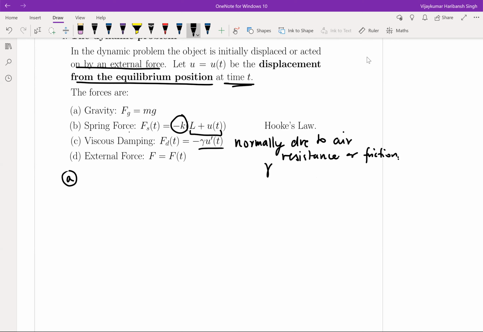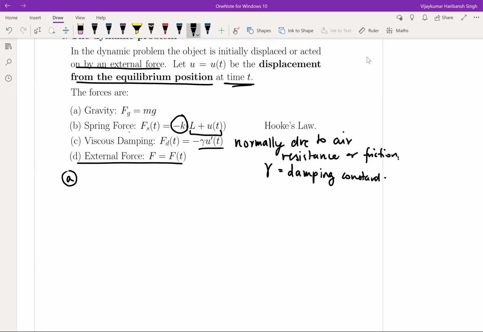Here lambda is called the damping constant. And then there could be an external force. Think about it. There could be a force which acts on the object, either periodically or otherwise. It could be due to the motion of the support or whatever.